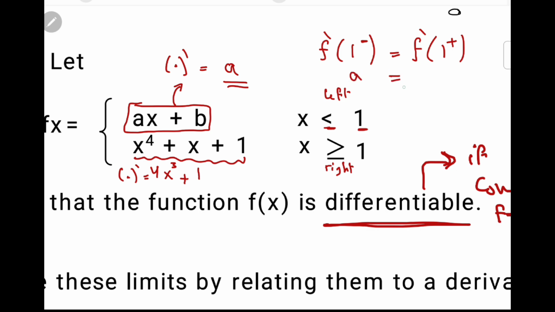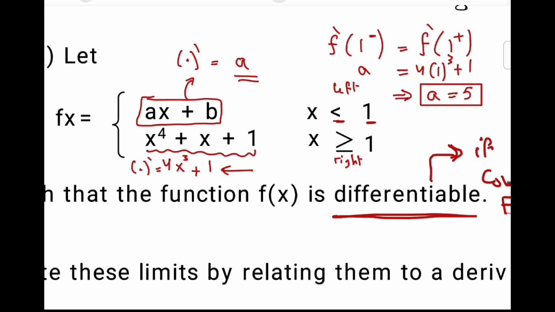So a equals f prime, the derivative at 1 from the right, which is just 4 times 1 cubed plus 1. So in this case, a equals 4 plus 1, which is 5. So now we were able to find the value a.